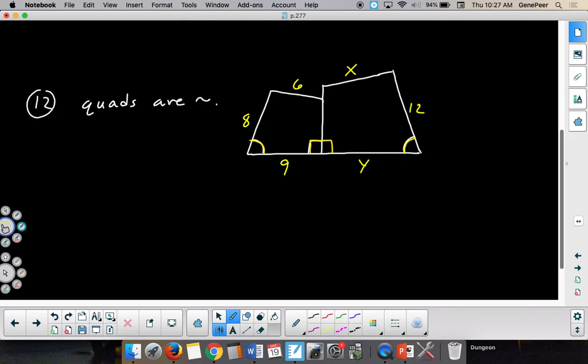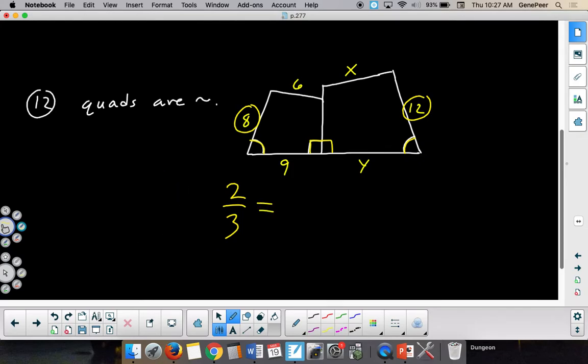How about this? The 8 matches up with the 12. Therefore, the scale factor is 8 to 12. Be nice to yourself. Reduce that. Divide by 4. Divide by 4. Our scale factor is therefore 2 to 3.